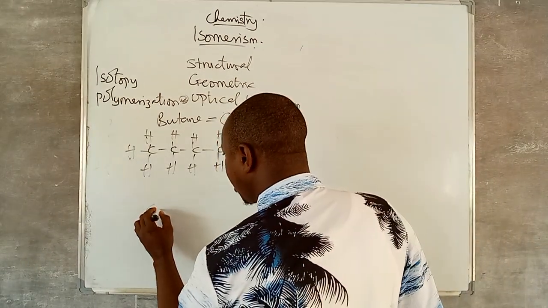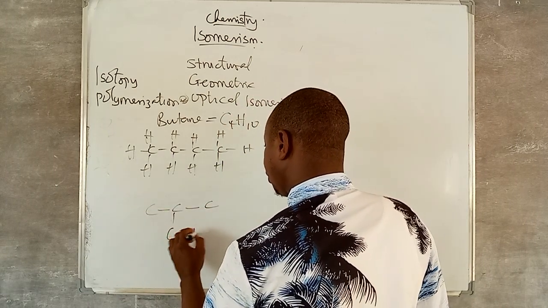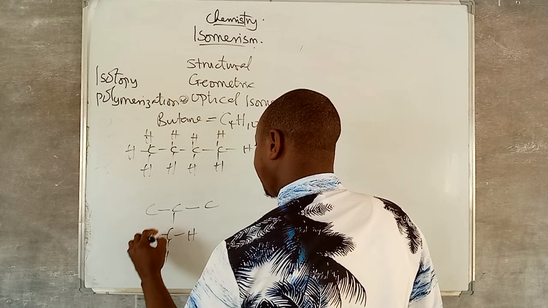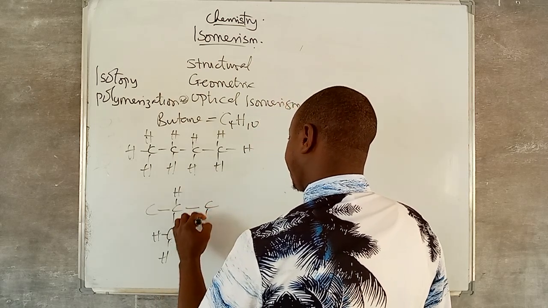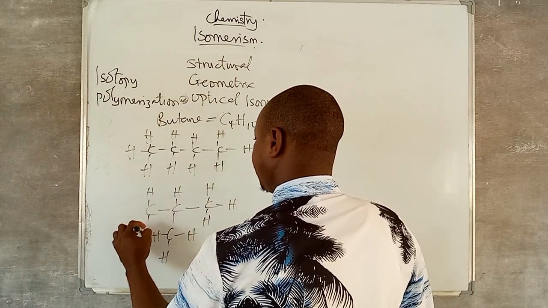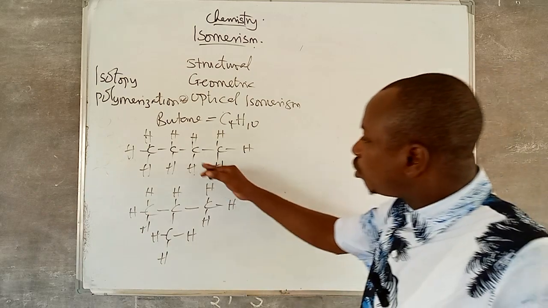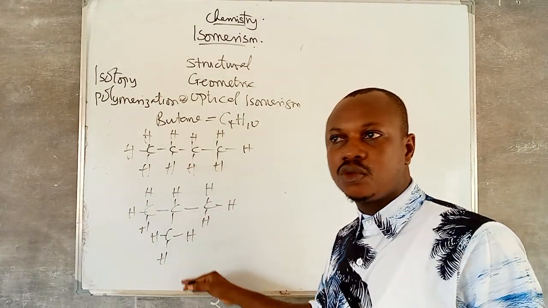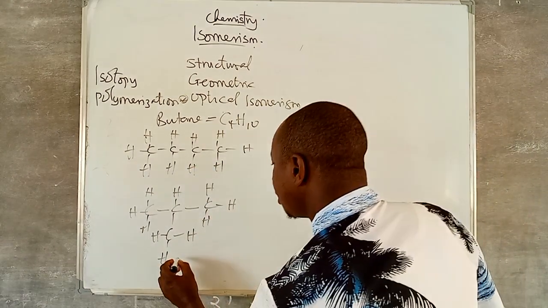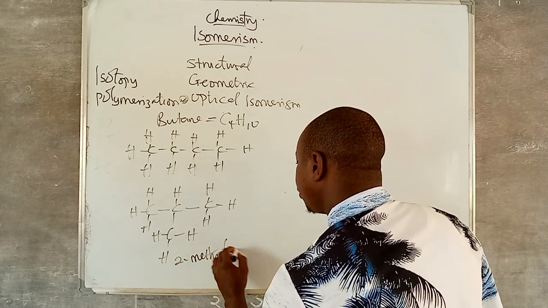Look at an isomer of butane. Thank God we've learned these ones before now. So if you watch, the structure of this one is not the same as this one. The name of this one is simply 2-methyl propane.